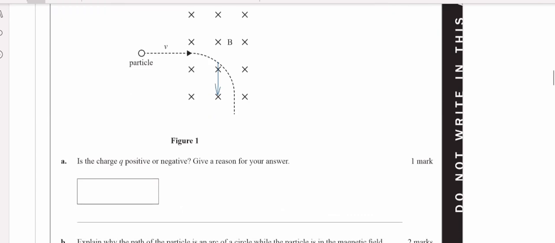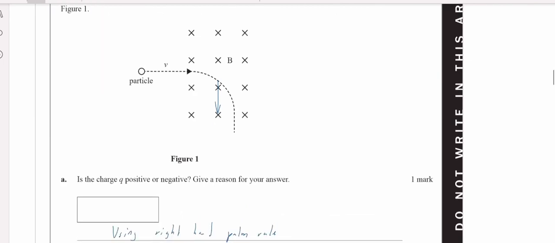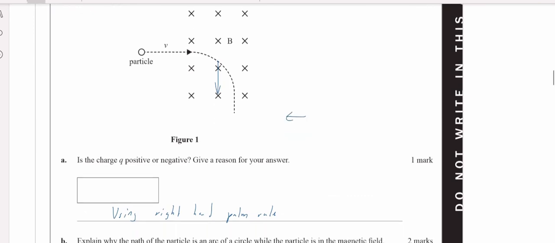Using the right hand rule, we can see, using our thumb, that the current has to go to the left. So then the particle will have to be negative.